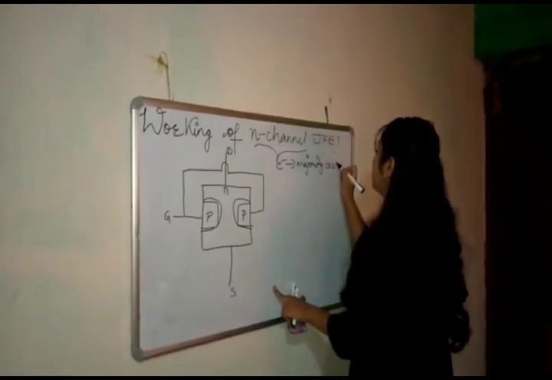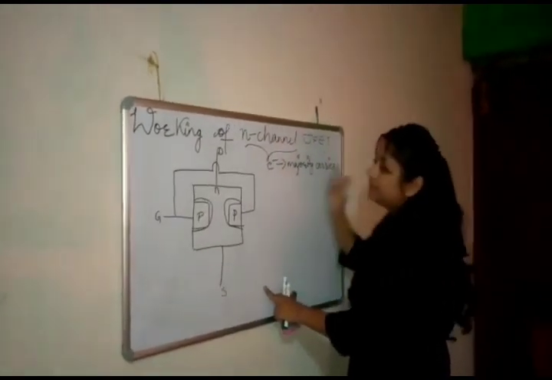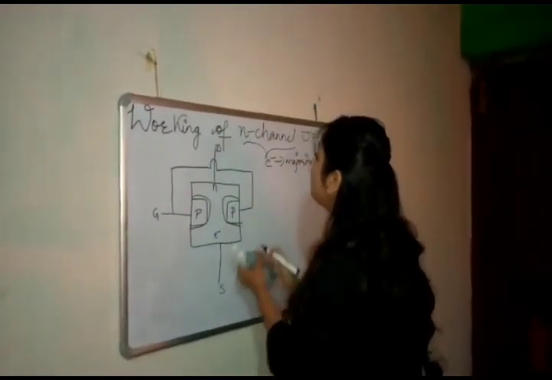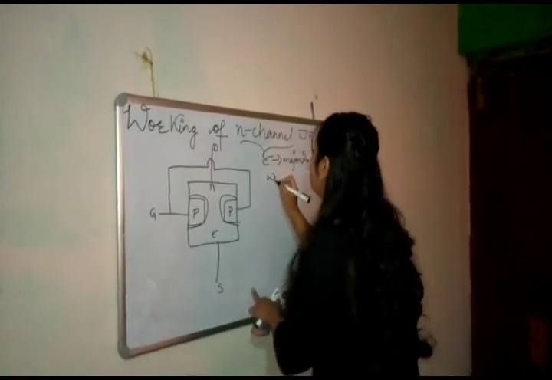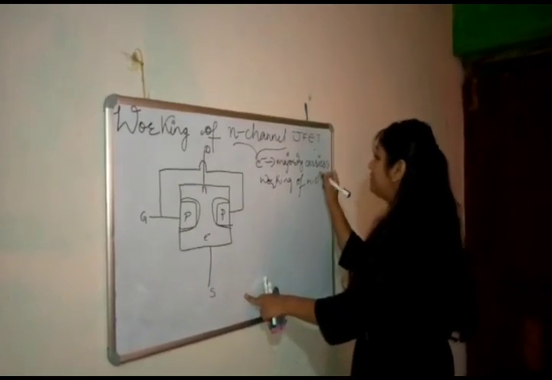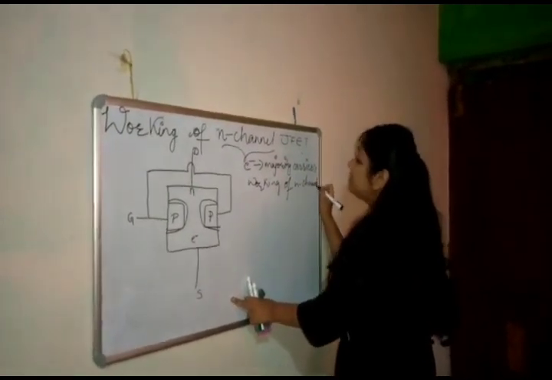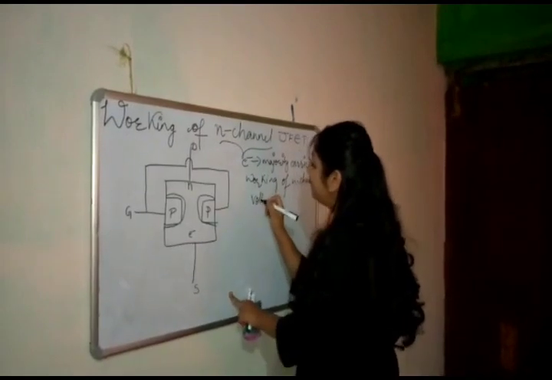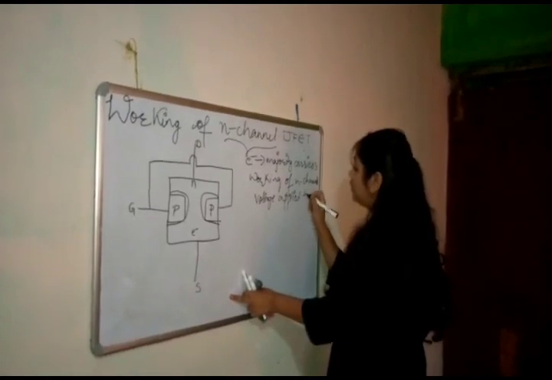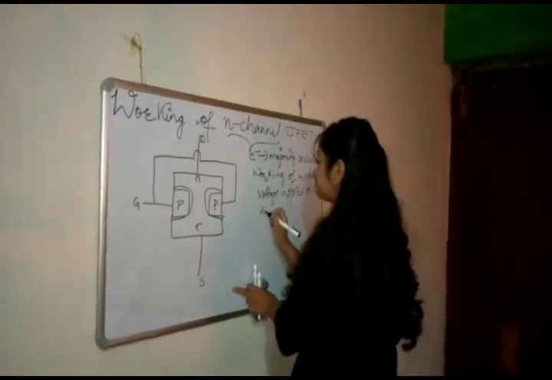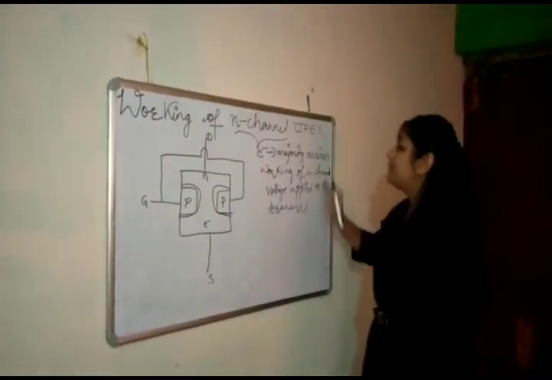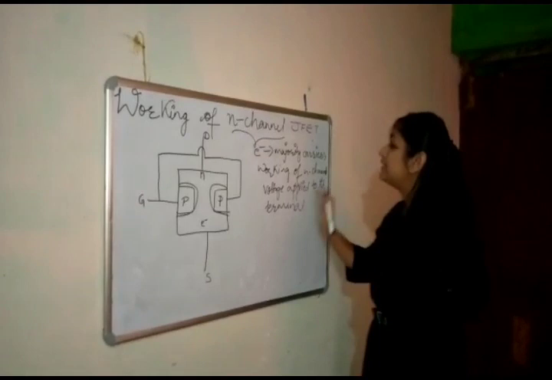Majority carriers, that is electrons, flow here. The working of this N-channel JFET depends on the voltage applied to its terminals.